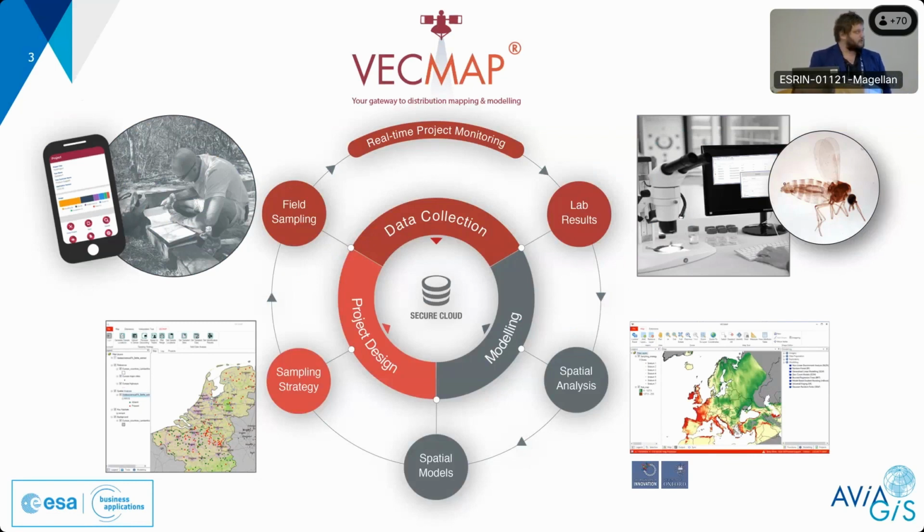This is where we use the field data collected together with Earth observation covariates, like, for example, the NDVI that you might have seen in the tour early during the lunch break, together with other covariates to model the distribution of a certain disease vector.